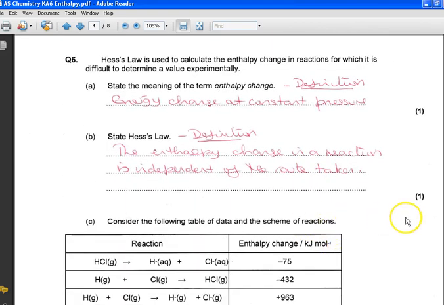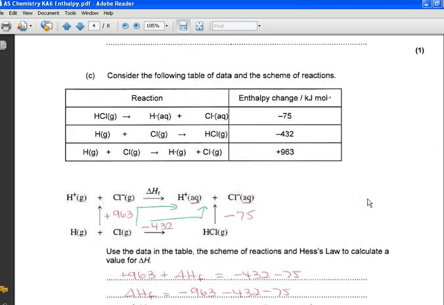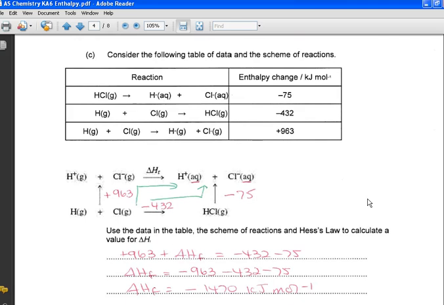Okay, again, 2 definitions. There's nothing really to say, just learn them, please. Some of you got confused here, trying to write your own Hess cycle, but the Hess cycle is already drawn for you with the arrows. So basically you had to recognise the 2 routes. This arrow follows this arrow, and this arrow follows this arrow, so they're your two routes.